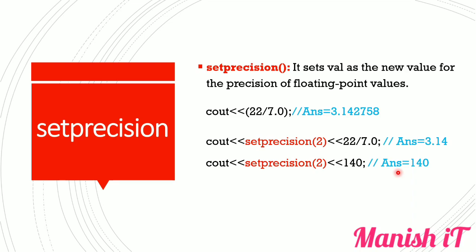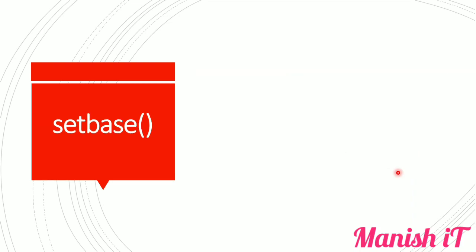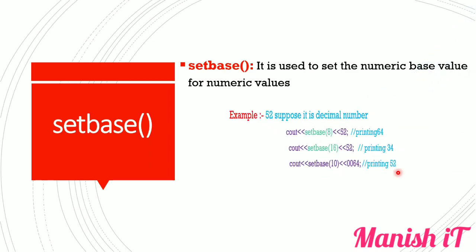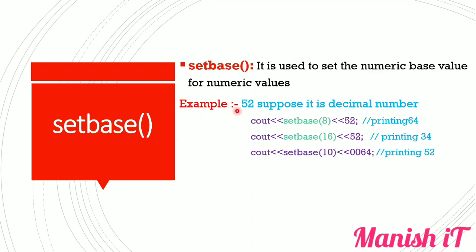So now we are going to discuss the next function, the setbase function. So what is the setbase function? See its definition. Setbase is used to set the numeric base values for numeric values. So suppose the user has an example, 52.